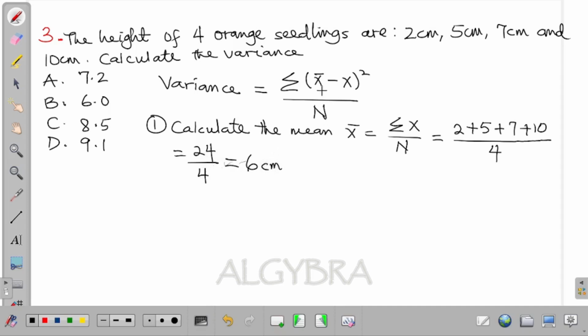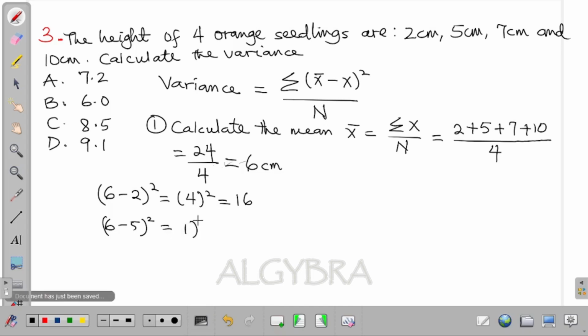Next, we take the difference between this mean and these samples and square them. The first one is 12 centimeters. I'm going to do 6 minus 12, and then I'm also going to square it. So 6 minus 12 is equal to negative 6, right? So negative 6 squared is going to be equal to 36. The second one is 6 minus 5 all squared. So 6 minus 5 is equal to 1, all squared, and 1 squared is equal to 1.